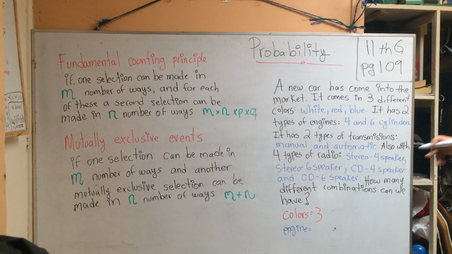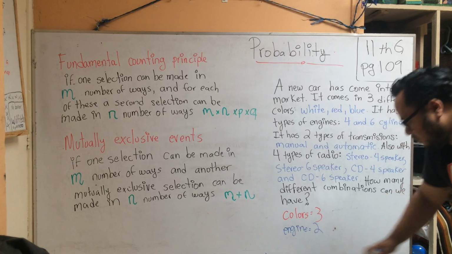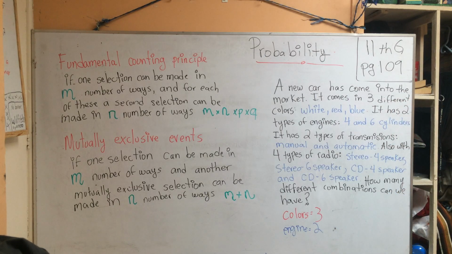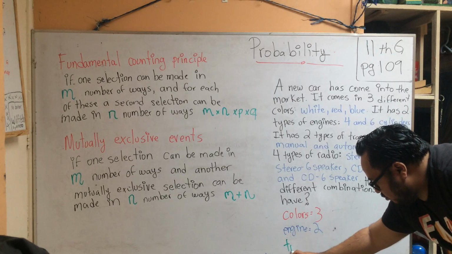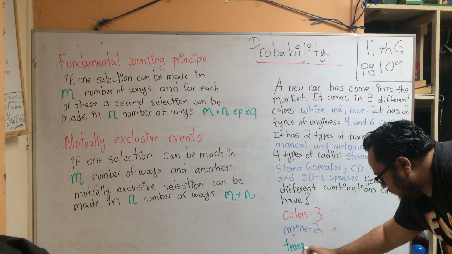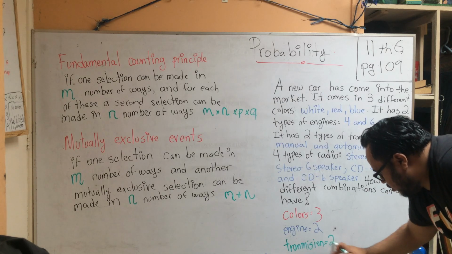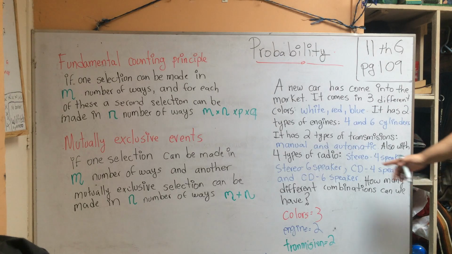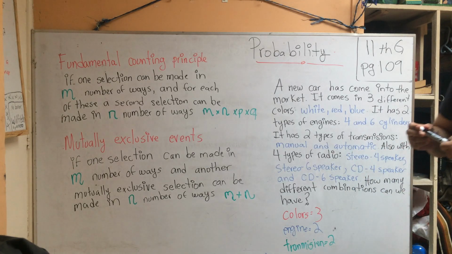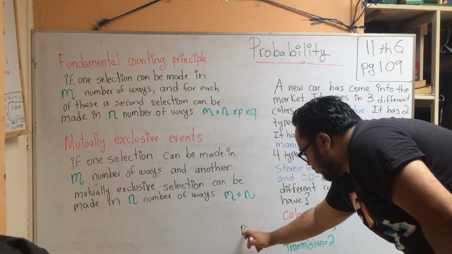A 4-cylinder and a 6-cylinder. What happens with transmission? How many options? 2. And for radio, let me put it here on the side. For radio, how many options do we have?